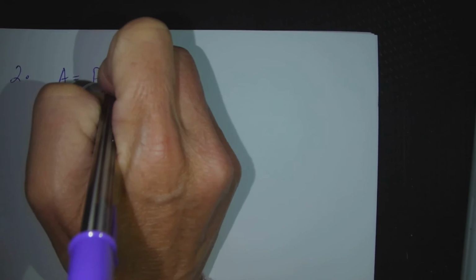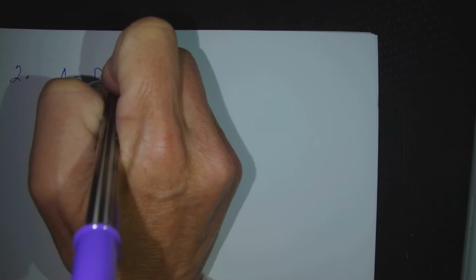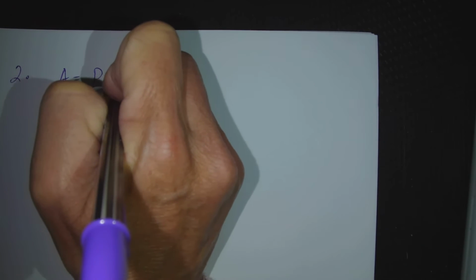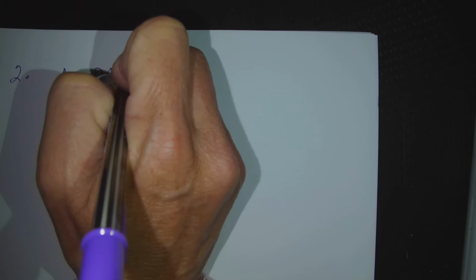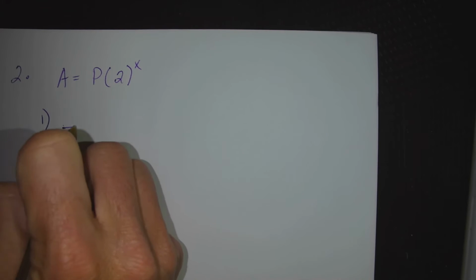Here's our formula. A equals P. What's our growth factor here? We're doubling, so the growth factor is 2. Okay, so our first step is we need to do the math using our time.